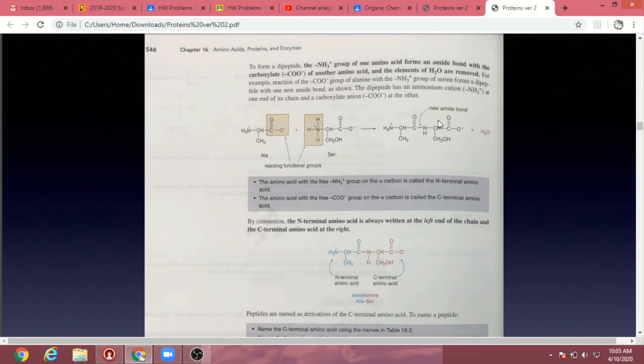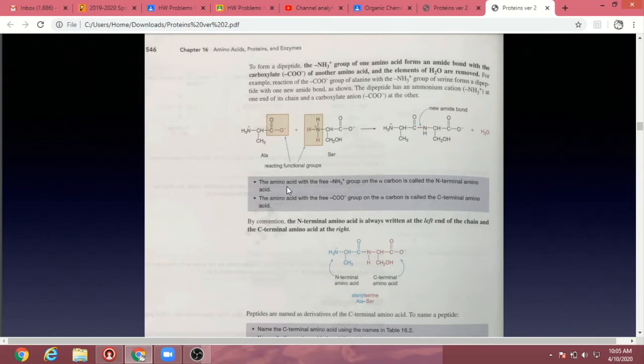So when you form this bond, you're borrowing these two hydrogens and this oxygen. And what that's going to do is free up this carbon and that nitrogen to bond to each other. And so that carbon-nitrogen bond right there is going to be your amide bond, which we call a peptide bond, remember? But in just its general form it's called an amide bond.